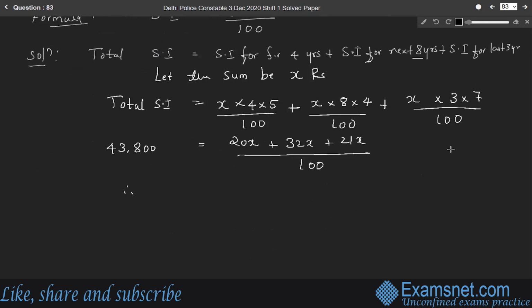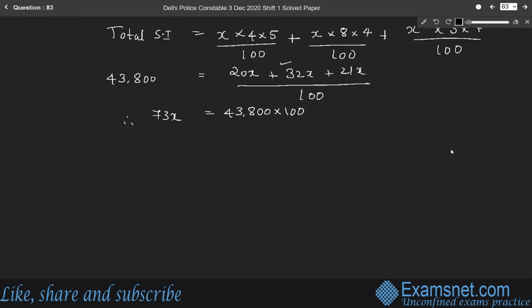Therefore, 73x, this part, right, is equal to 43,800 into 100, right? Therefore, x becomes 43,800 into 100 by 73.